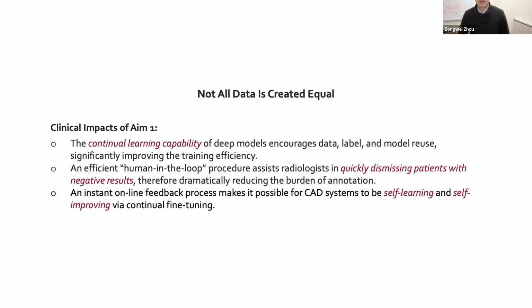This work has a potential clinical impact because the continued learning capability of deep models encourages data, label, and model reuse, therefore significantly improving the training efficiency.